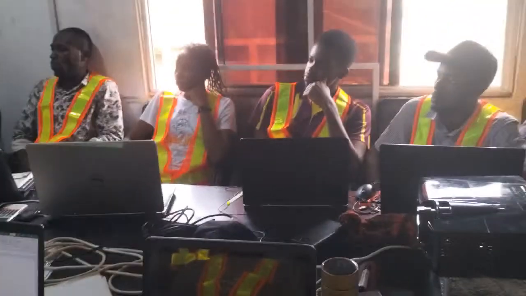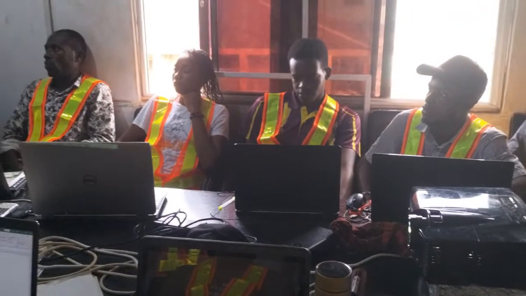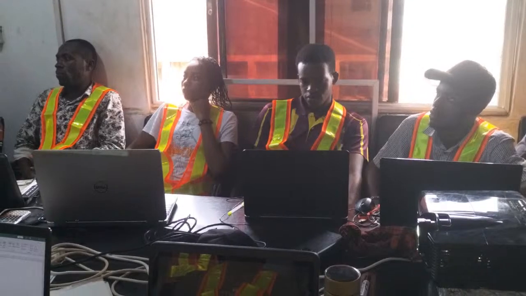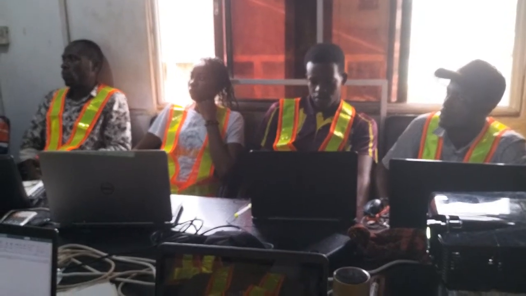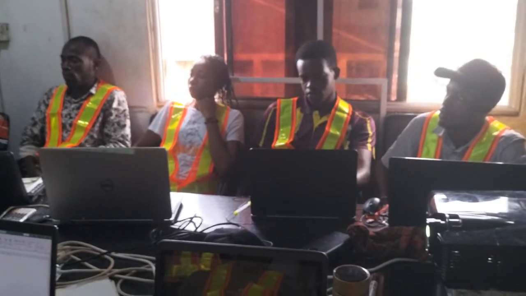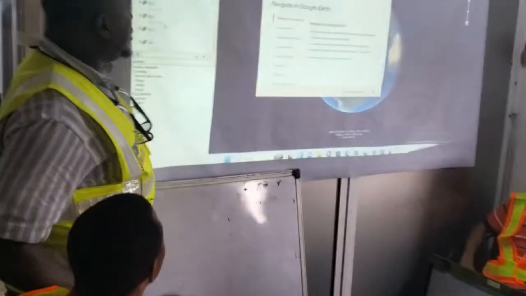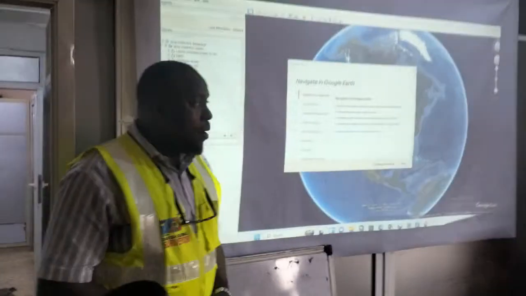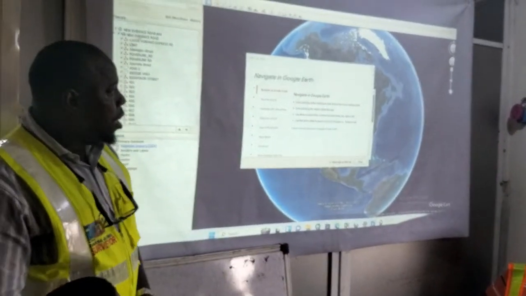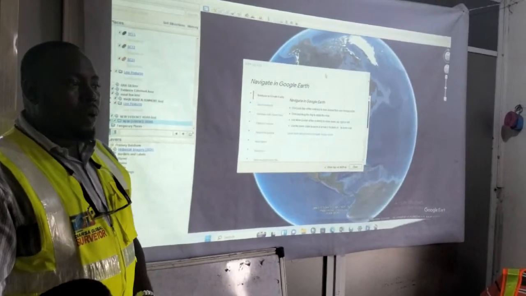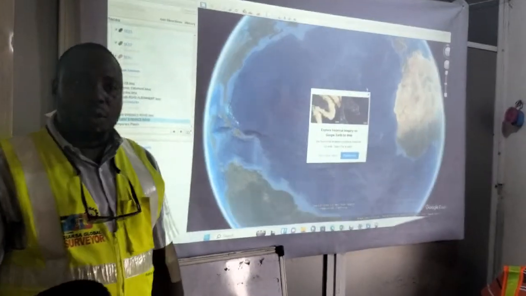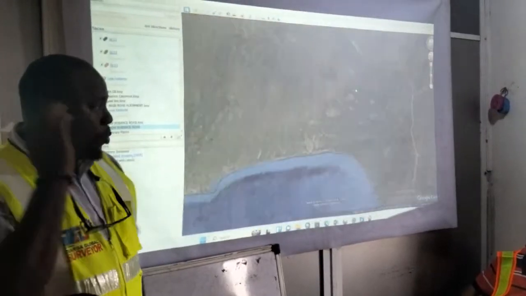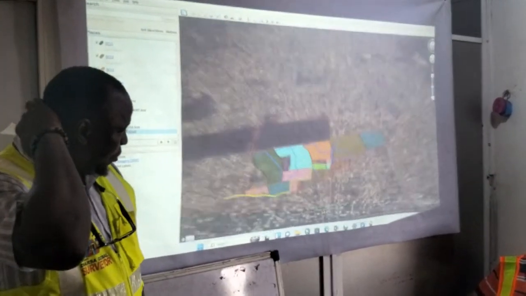We are trying to open up Google Earth, integrating it into the global mapper, the software we talked about last time, to see the map of the area of interest. Today, we are going to be doing this lecture in collaboration with one of our trainees.